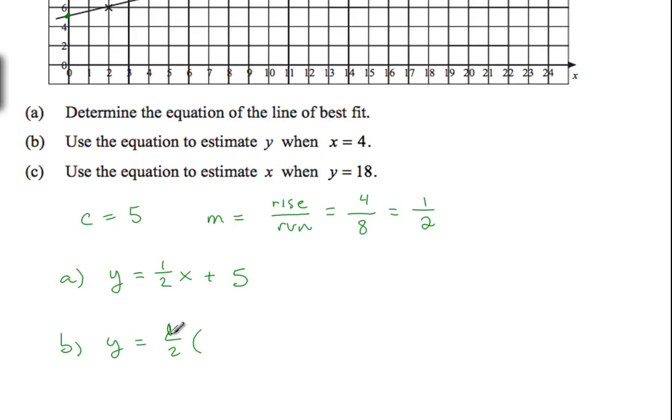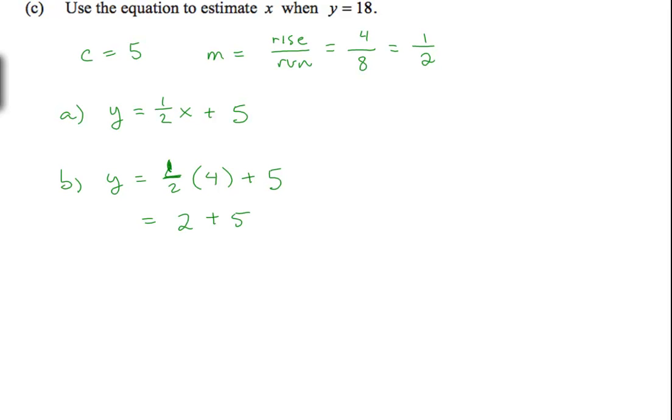So we have 1/2 times 4 plus 5. 1/2 times 4 is 2, right? 4 divided by 2 is 2, plus 5, and 2 plus 5 is 7. So we're saying when x is 4, y equals 7.